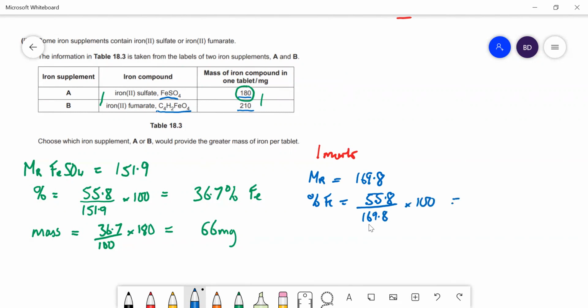That is equal to 32.8% iron. So the mass of iron in that one is going to be 32.8 over 100 multiplied by the mass of the tablet, which is 210. And that works out to be 69 milligrams, slightly more than this one, which is 66. So the answer is B. That contains more.